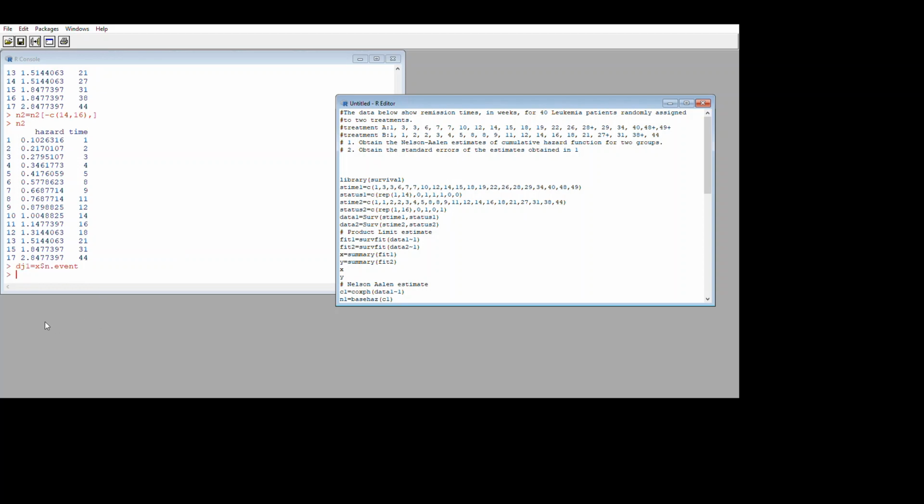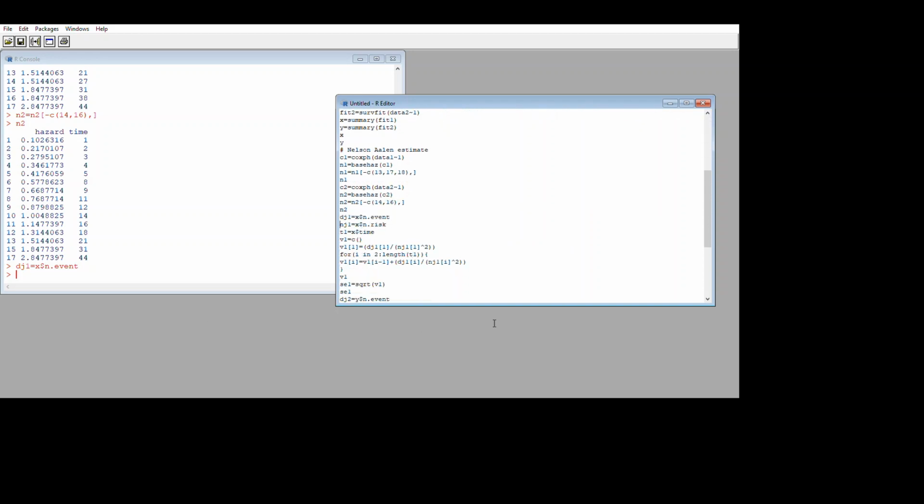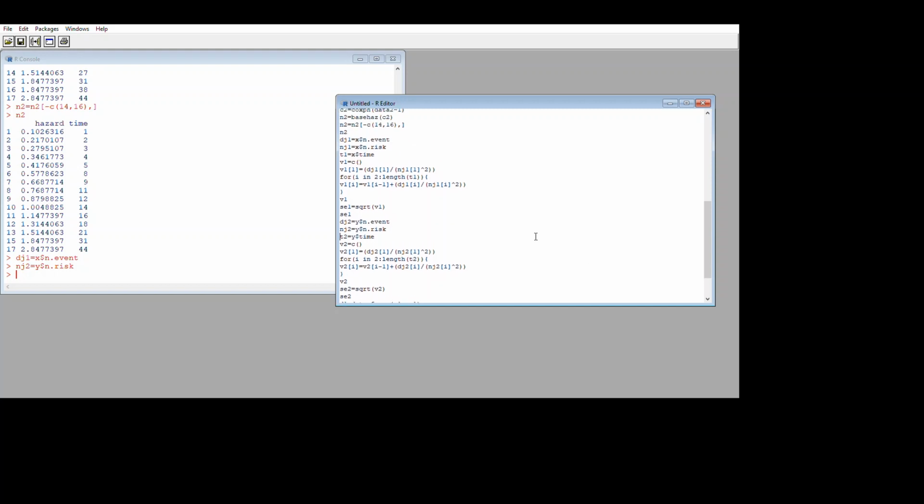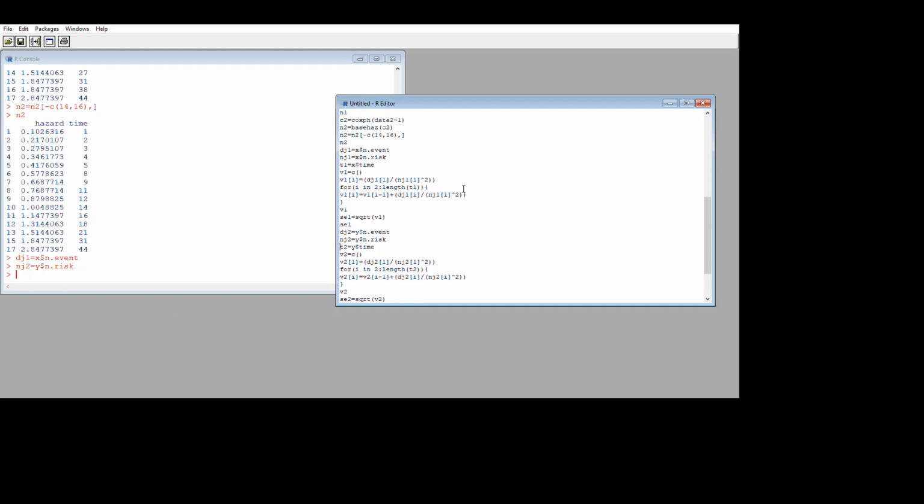That is, we are calling dj1 the number of events, or the number of deaths, for treatment A. And then nj1 is the number of individuals at risk at each ti, which is given as x$n.risk.